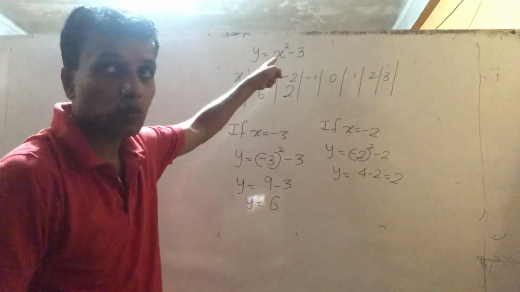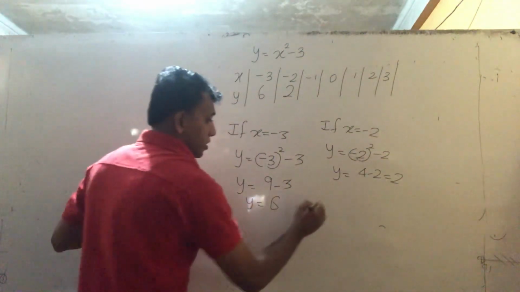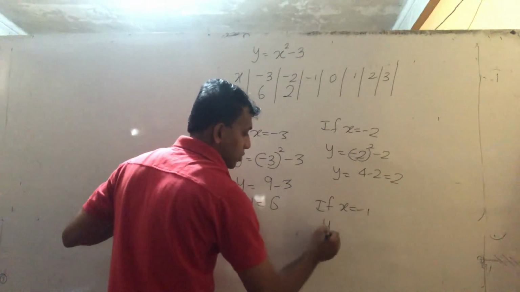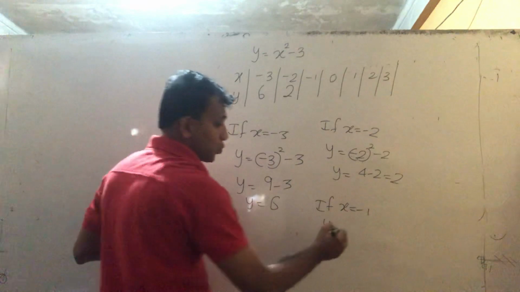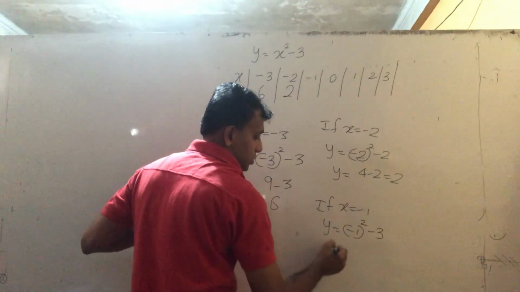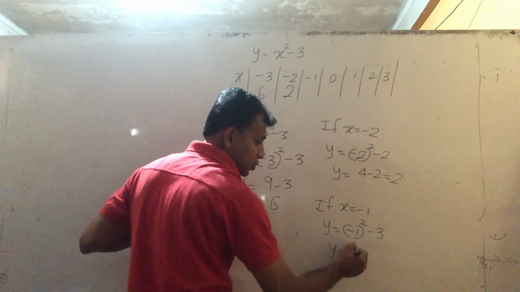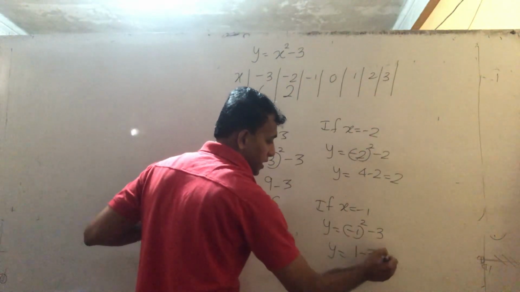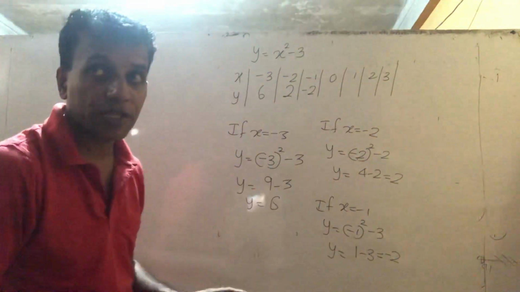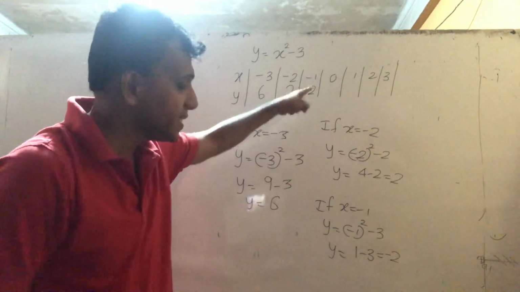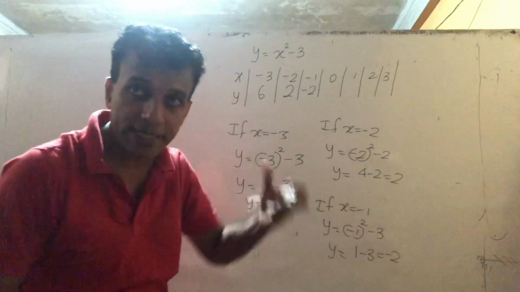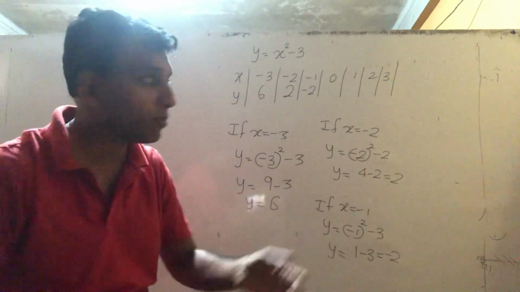If x is minus 1, y equals minus 1 square minus 3. Minus 1 square is 1, 1 minus 3 is minus 2. Very important: 1 minus 3 is minus 2, don't say plus 2. If x is 0, 0 square is 0, 0 minus 3 is minus 3.